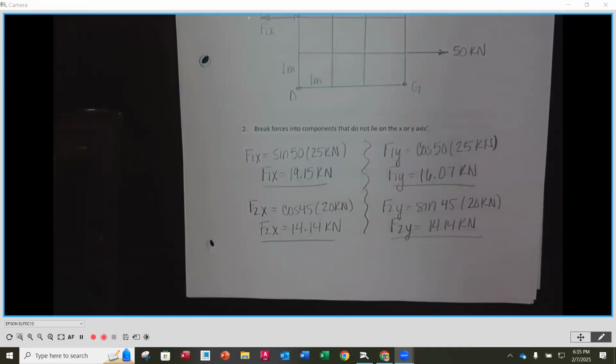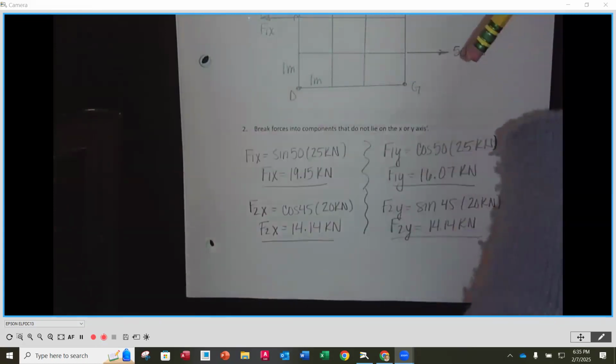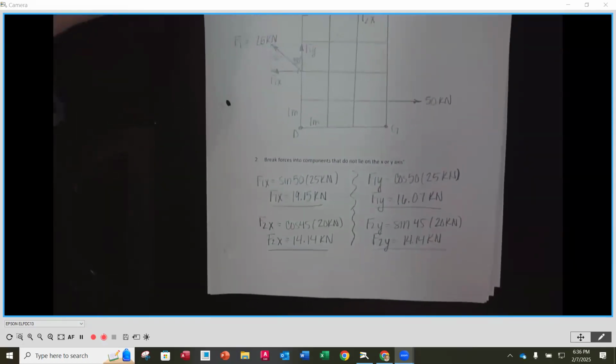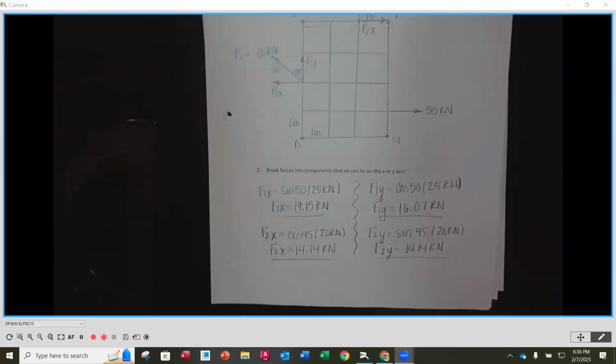All right, any questions on the components right now? Everybody get the same values as I did? Everybody get the same that I have here or not?